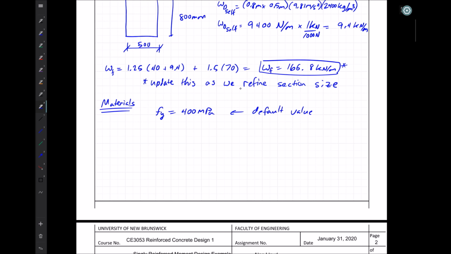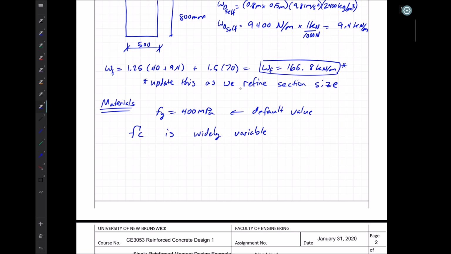suppliers, building material suppliers. The value of F prime C is widely variable. Now, we have a lot of reasons why we would choose different values, and this depends on what can be provided to us easily by local manufacturers.